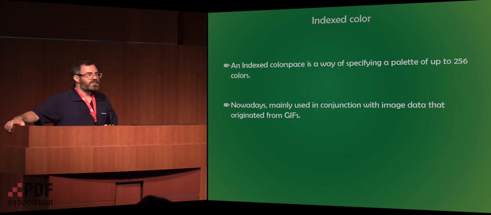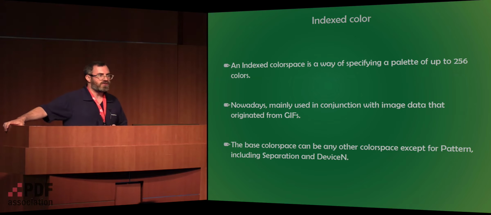Index colors these days are mainly used in conjunction with image data that originated from GIFs. But I think if you are gung-ho about using hex values for your colors, then index colors might be the color space for you.